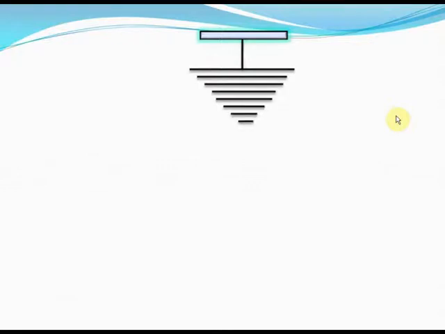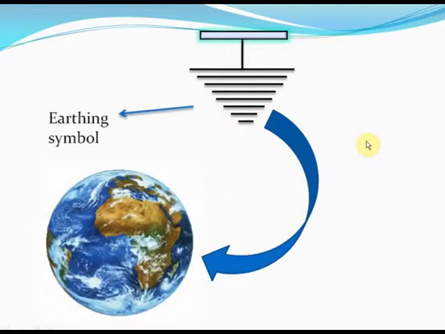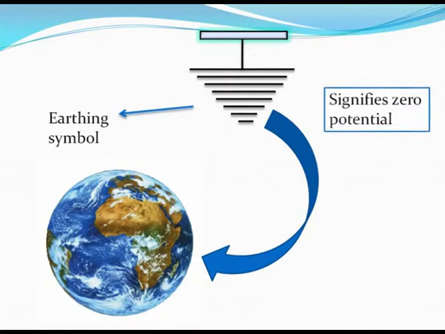This symbol that you now see on your screen here is called the earthing symbol. This symbol is used to represent the connection of any body to the Earth. Now since, as I just said, the Earth is assumed to be at 0 potential, therefore any body which is connected to the Earth will be at 0 potential, and so this symbol always signifies 0 potential.